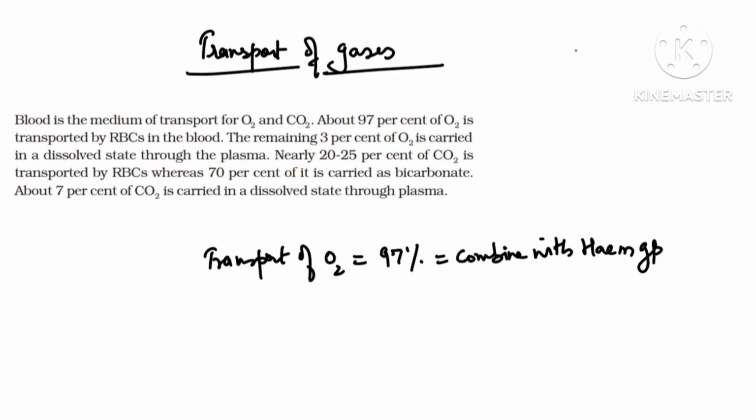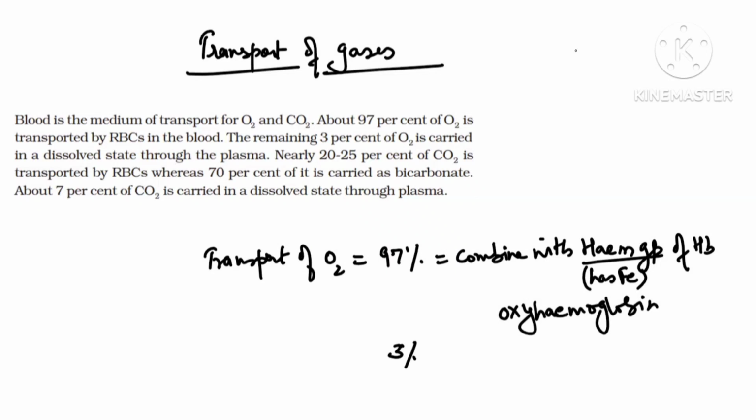And you know the heme group has iron. Remember, it has iron, so it combines with the iron in the heme group of the hemoglobin molecule to form oxyhemoglobin. Clear? It will make oxyhemoglobin. So 97% is transported by the RBC. Only 3% is dissolved in plasma.